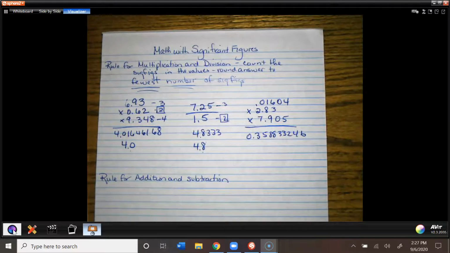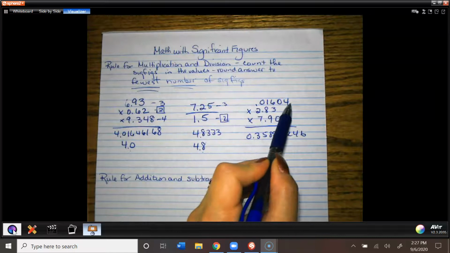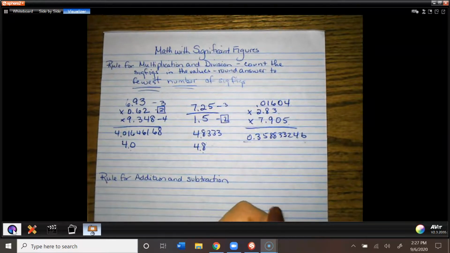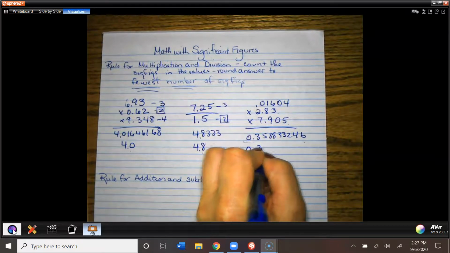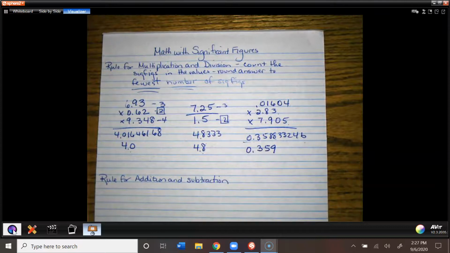Way too many digits. So now I've got to go and count. That one doesn't count. 1, 2, 3, 4 here, only 3 here, and 4 here. So my answer can only have 3. So 0.35, not 8, I've got to round up to 9. That's multiplication and division.